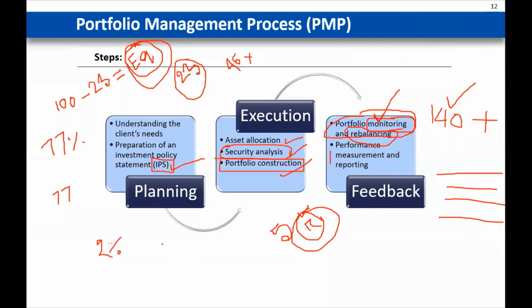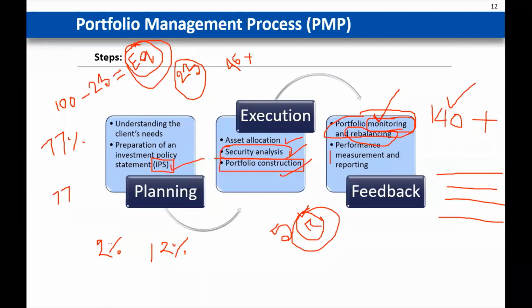For example, at the end of the year, it has been seen that DSC generated a return of 12%.